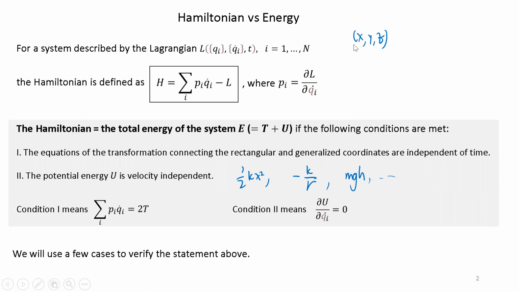Now the question is, what about other coordinate systems? For example, if I use the polar coordinate system to express my Hamiltonian, will that also give me the total energy? That's the kind of question that we are going to address, and it turns out that yes.